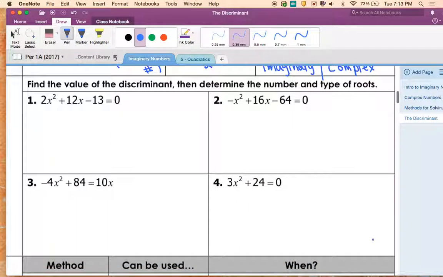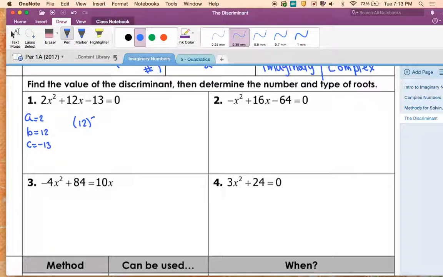So 1 through 4, we're going to find the value of the discriminant and then determine the number and type of roots we have. So I'll do the first one with you. My A is 2, B is 12, and C is negative 13. So the discriminant is B squared minus 4AC.